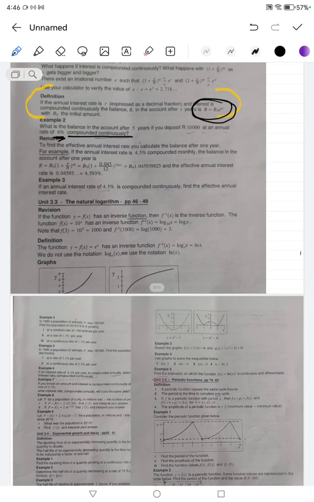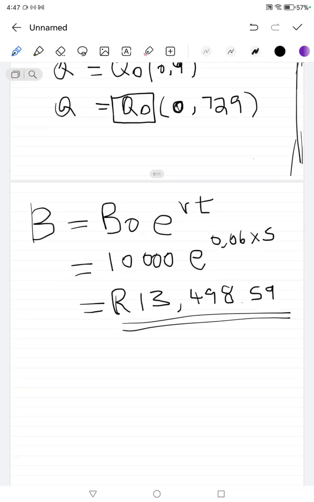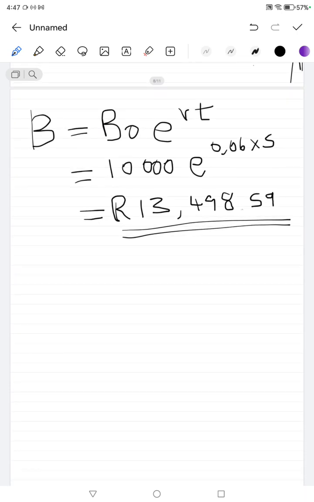Find the effective annual interest rate. Annual means now we're going to have our t equal to 1. So now we're going to have that formula again, B is equal to B0 e to the exponent rt.